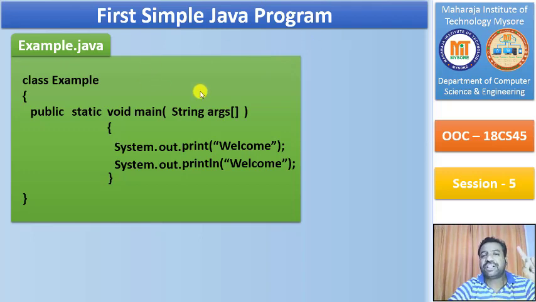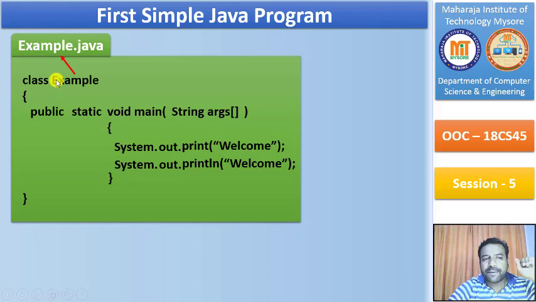The restriction is as follows. Whatever the class name is, the file name should be the same. Hence, whichever class in your Java program contains the main function as a member function, the file name should be the same, even with the cases.